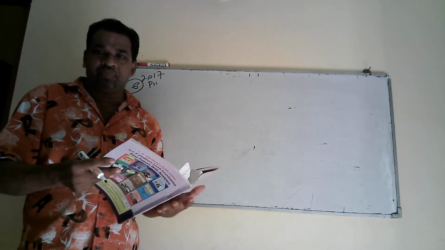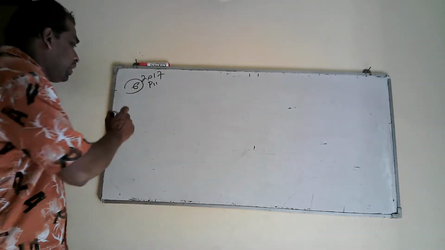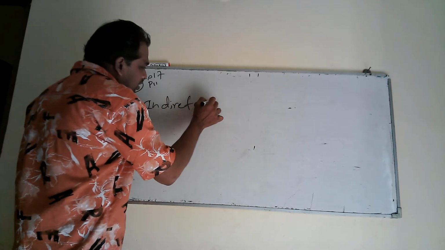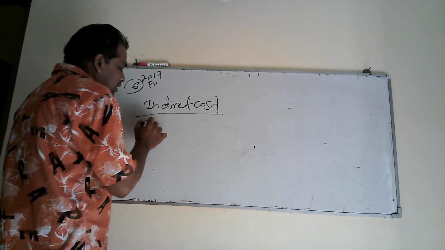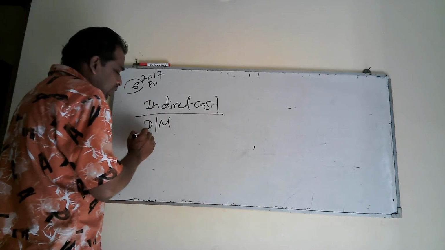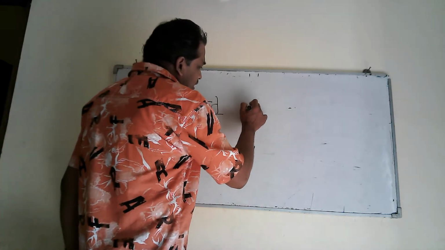Under direct cost you mention direct material. At the exam you write the full term: direct labor, direct other cost.